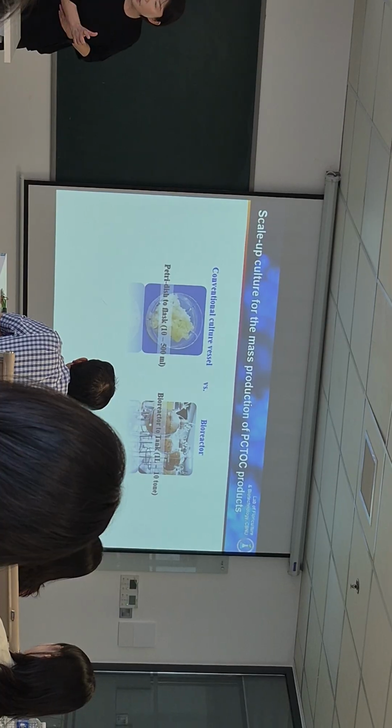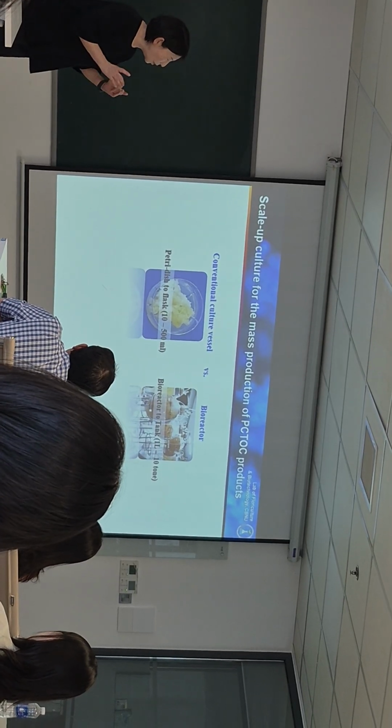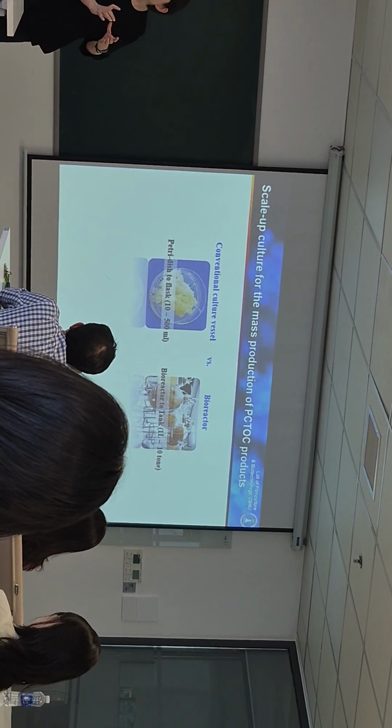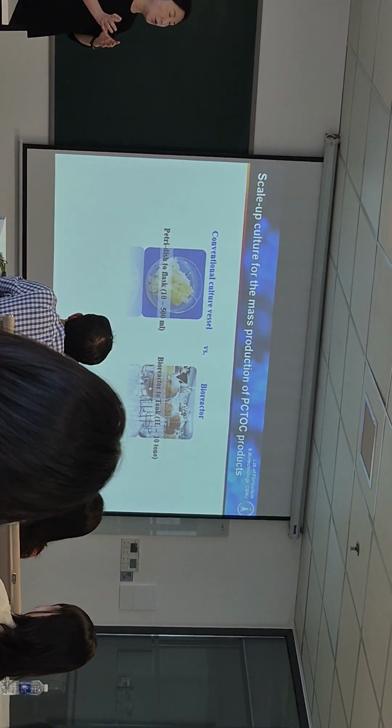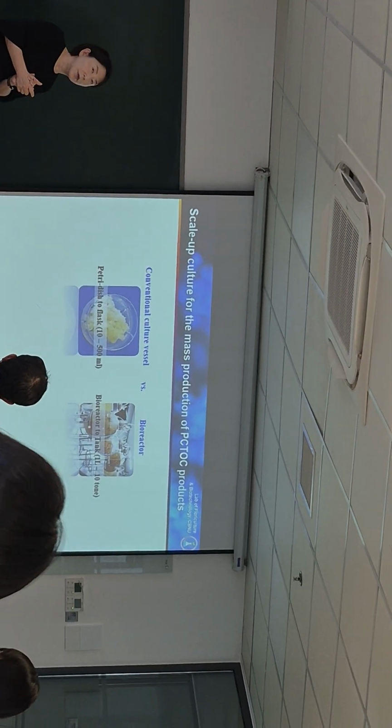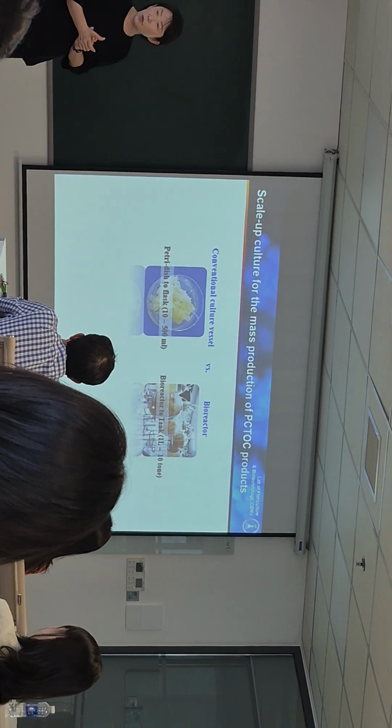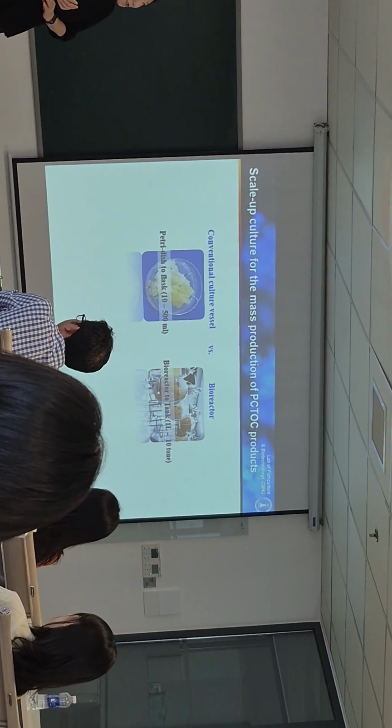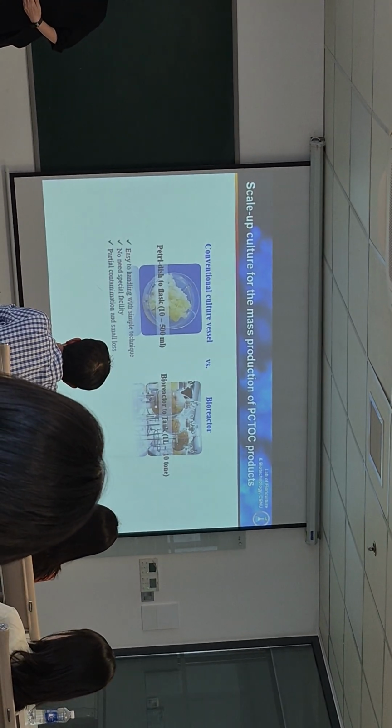A bioreactor usually starts from the 1 liter scale up to 10 ton scale. 10 ton means 10,000 liters.